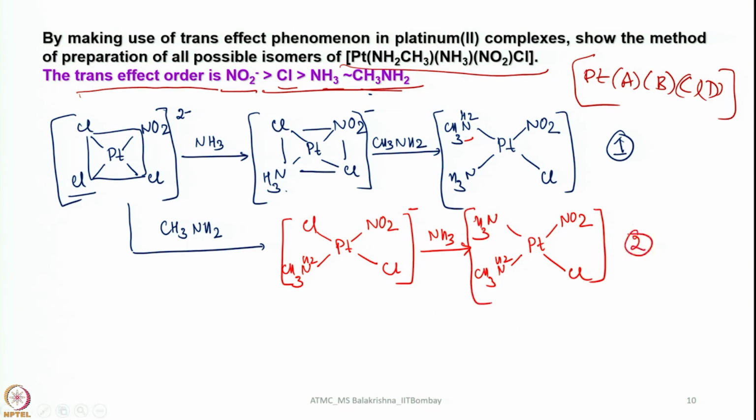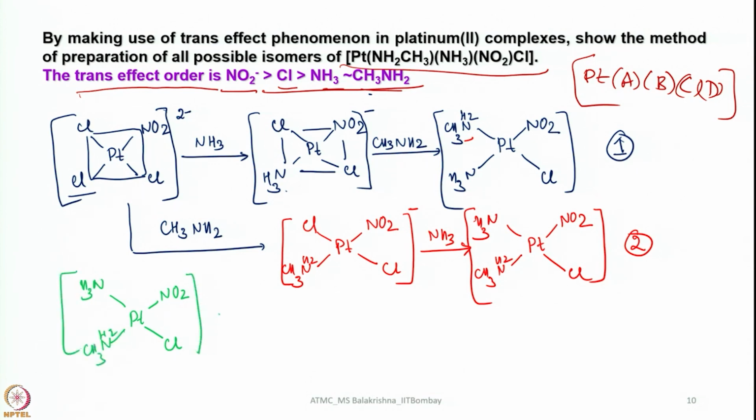So we are left with one more isomer. For this one I can start with one of the compounds that we have already made. I shall take this compound itself. The NO2 position remains the same, the chloride remains the same. I am taking NH3 here and then NH2CH3 here.